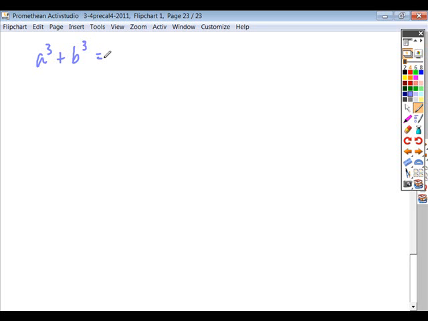Okay, if you're dealing with either the sum or difference of cubes, you're going to have two factors, a binomial and a trinomial. The binomial factor is just going to be the sum of the terms that you're given. So in this case, A is being cubed and B is being cubed, so you're going to take those two terms and add them.